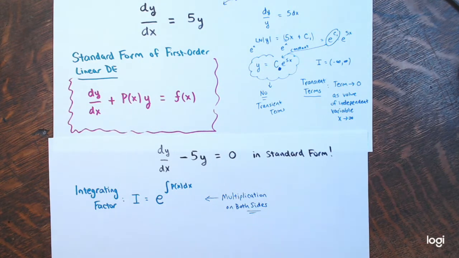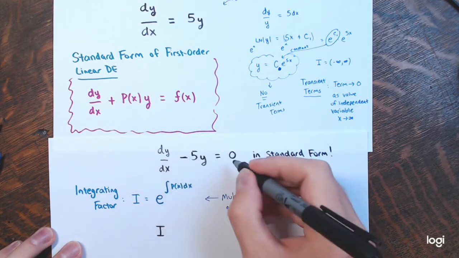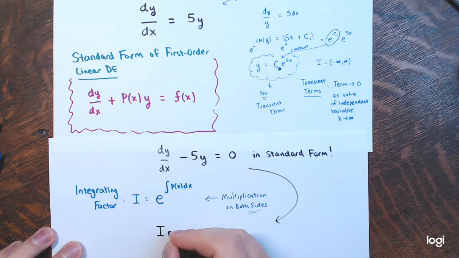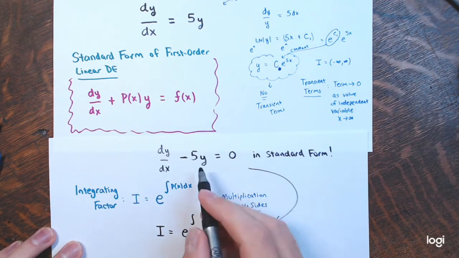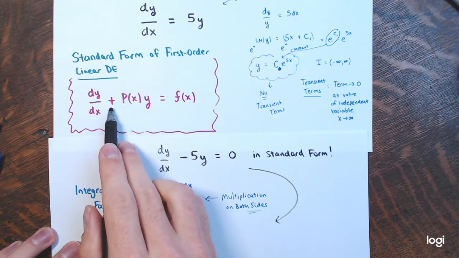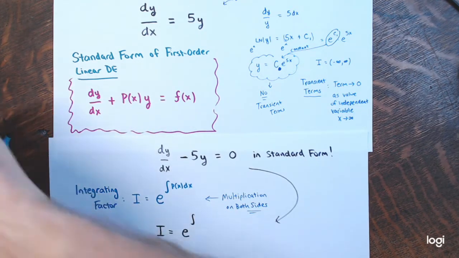So for this particular example, the integrating factor would be e to the integral. Now the p of x, notice it's plus p of x times y. The p of x would be this -5.